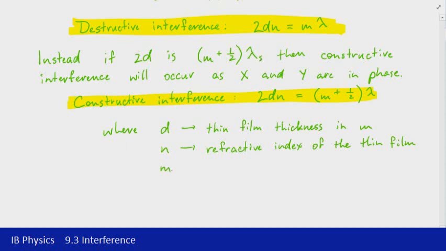M is an integer value. So again, that's just the value 1, 2, 3, so on and so forth. And lambda is the wavelength of light. And given that it's a wavelength, that's going to be in meters also. So there's the quantities that are important for constructive and destructive interference for thin film interference.